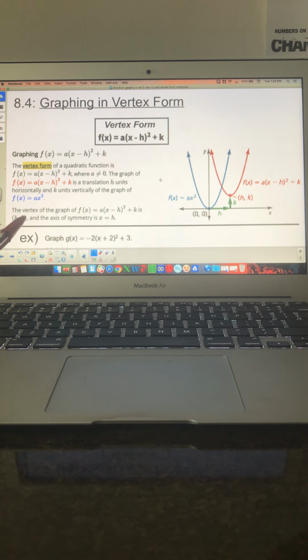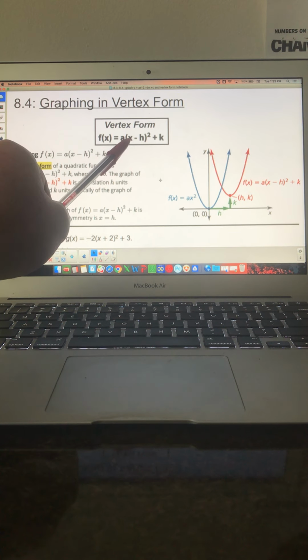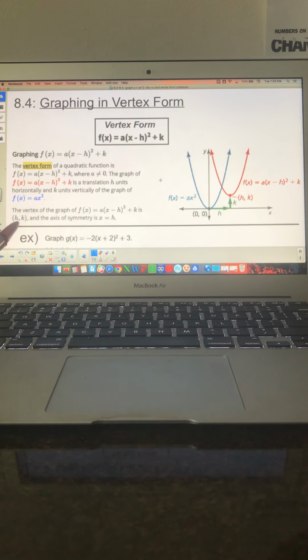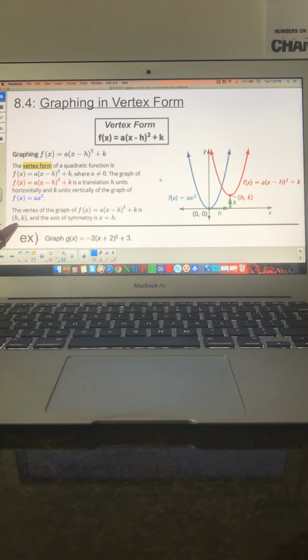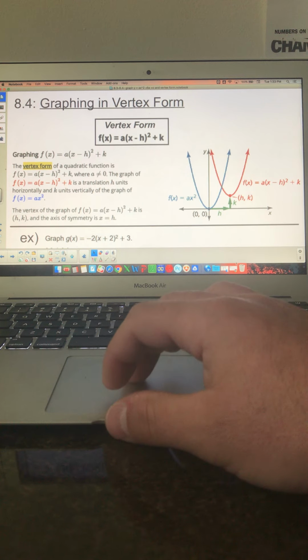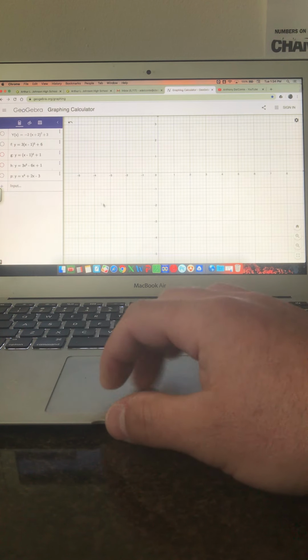Now keep this in mind. It's X minus H, but H is the X value. So if our example reads X minus 2, the X value of the vertex is really 2, not -2. We're thinking opposite in there. And I'll show you a quick example here as we rock and roll.